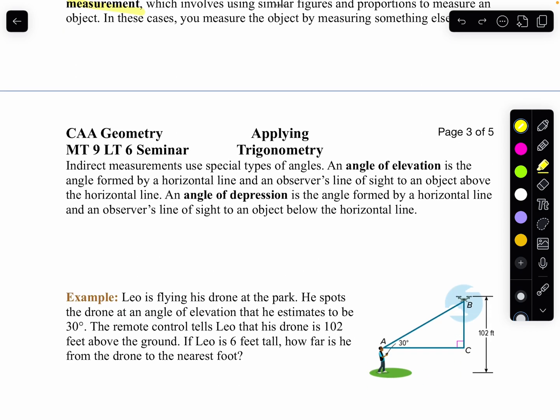Now, one of the things we're going to look at is angle of elevation and angle of depression. And you're going to find out they're almost the same thing. So if you're standing here, and you look straight out, that's your horizon.